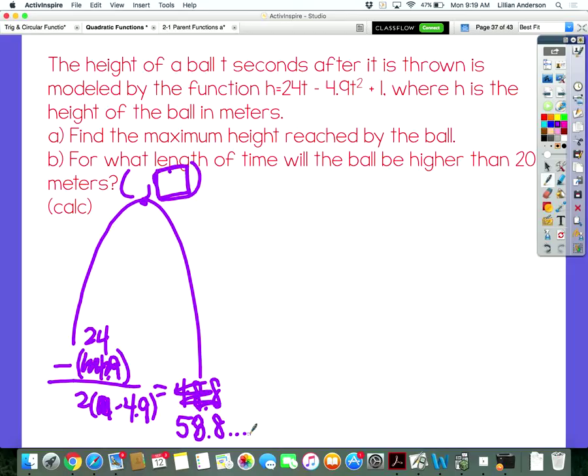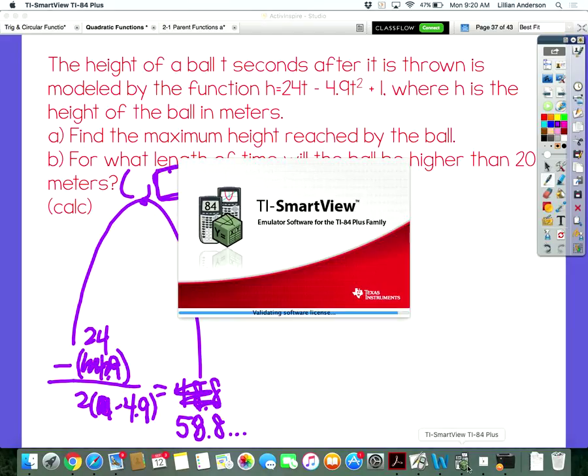Okay. So then to find the y coordinate, what do you have to do? Plug it back into the equation. What'd you guys get? Y'all did not get 58.8?